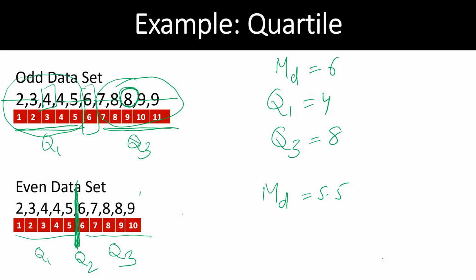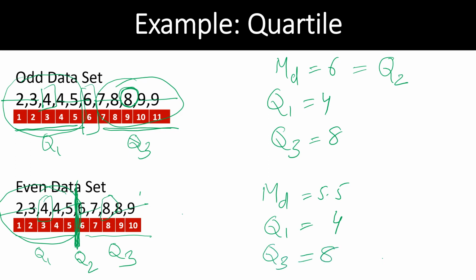In this case also Q2 is same as median. Now this is one data set, complete data set. Median will be two numbers below and two numbers above. Median will be 4, or you can say Q1 will be 4. In this case, two numbers below this and two numbers above this. Median will be 8, or you can say Q3 will be 8 and Q2 is same as median.